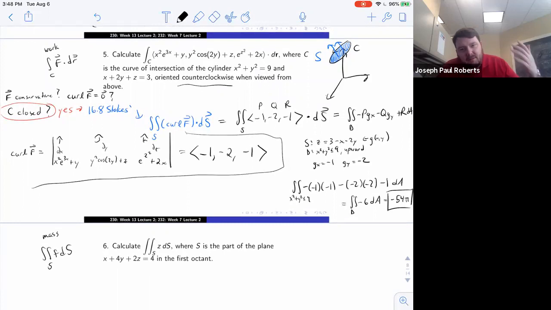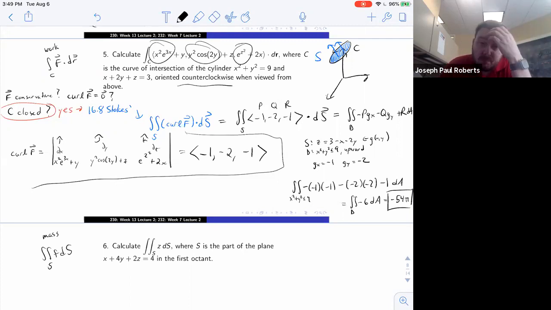So this is how we usually like to do these, that if you catch the hints that we're giving you for Stokes' theorem, it works out pretty nicely. You'll notice, this thing here, this here, this here, those are terms involving X, Y, and Z in each of the PQR components.